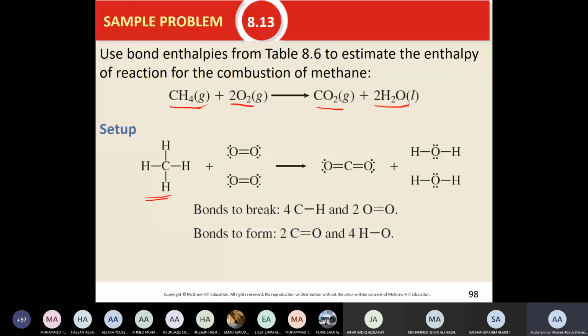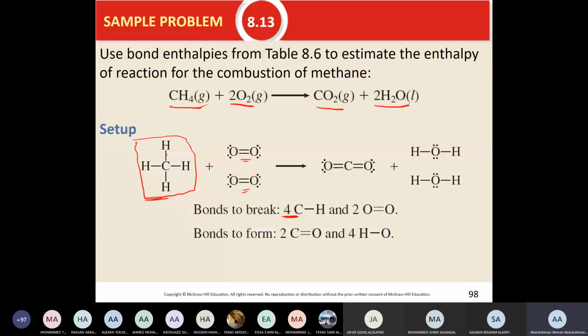So we have 4 CH bonds. And how many double bonds do we have here for oxygen? 2. Why? Because it's multiplied by 2 already. So this is 2 of them. Clear? Okay. Now, since these are broken and they are reactant, are we going to put plus or minus for these bonds?